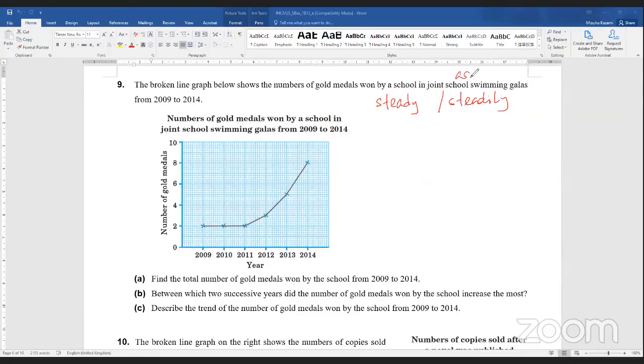Okay, this is adverb. Okay, this one is adjective. And then sometimes we may have gradually. Okay, and then steady. And the adjective sometimes is unchanged.